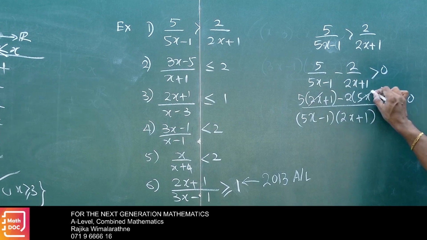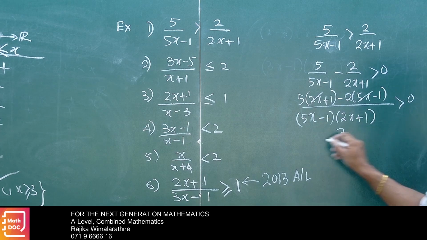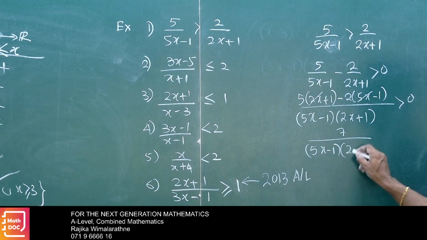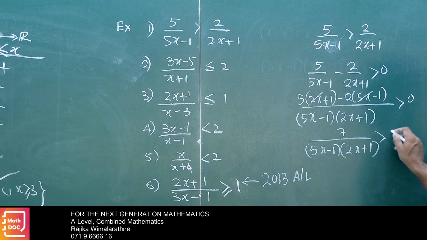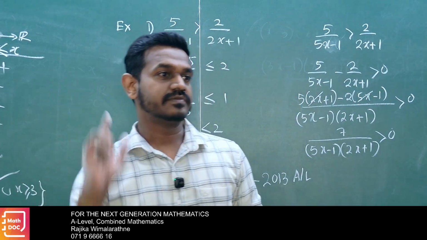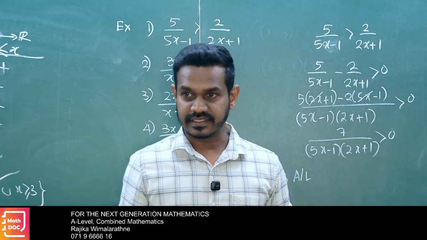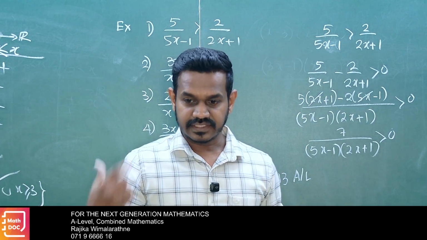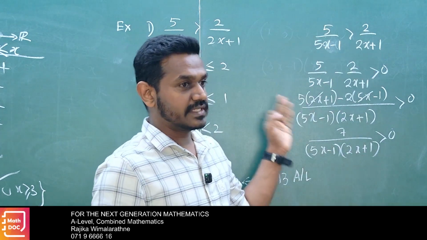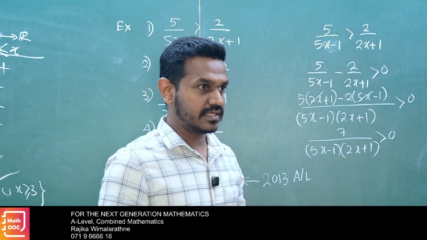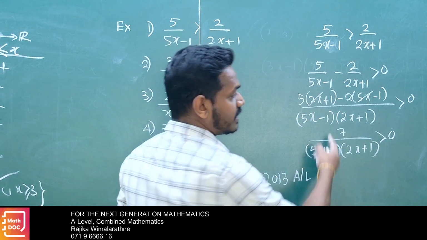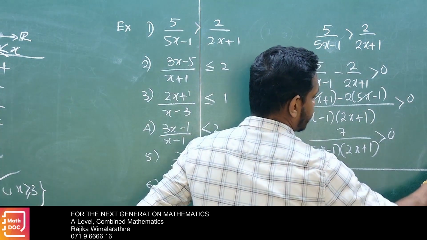Then 10x cancel, 5 plus 2 is 7, over 5x minus 1, 2x plus 1. When you evaluate a rational inequality, take all terms one side and factorize it. Here we don't have numerator factors, so no worries about that.